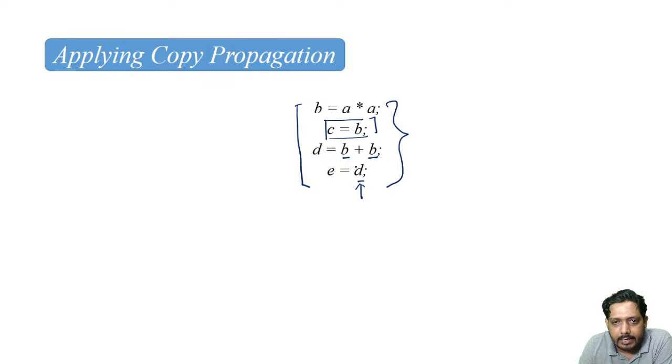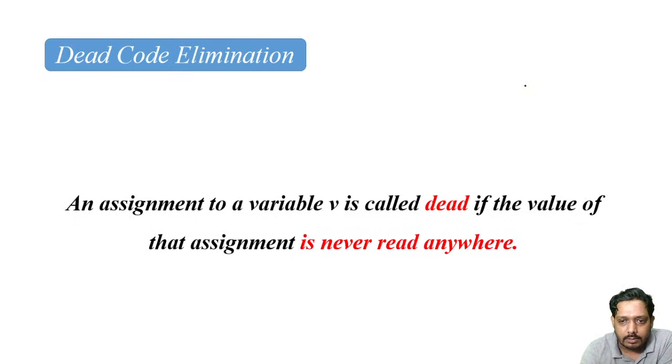D is updating, E is updating, and B and D are read in this case. So C is not read by any assignment in this particular basic block. So this assignment is your dead assignment. I hope you understand the dead assignment.